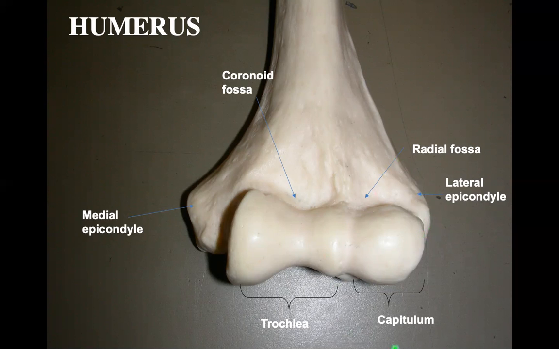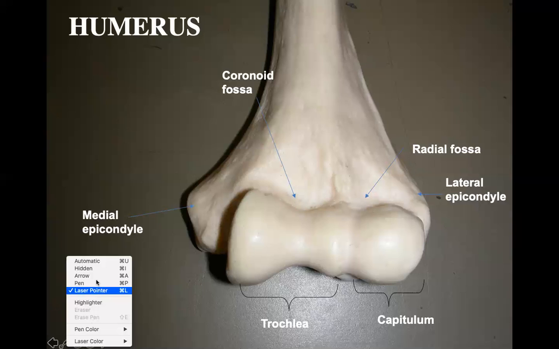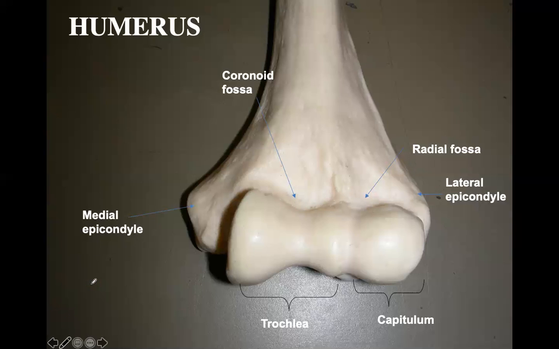So if I was showing you the end of this bone, let me just do a quick drawing for you guys, one second. I'm just going to use my pen. Imagine this is the end of the bone, my head would be pointing this way. So this is basically the head, and this would be where my scapula is located.